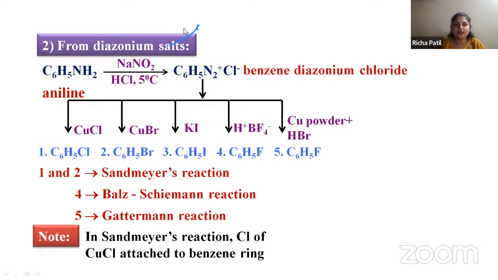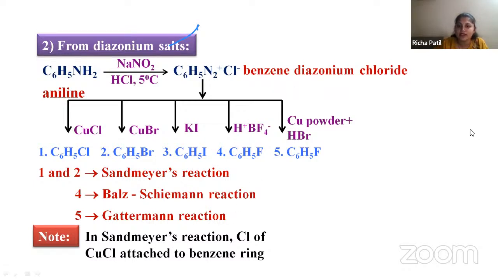Next, if you treat this benzene diazonium chloride with HBF4, you get C6H5F. Fluorine will be the substituted product on benzene. You get fluorobenzene. This is called the Balz-Schiemann reaction.